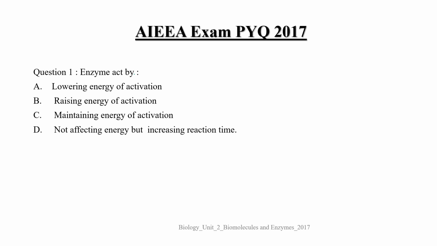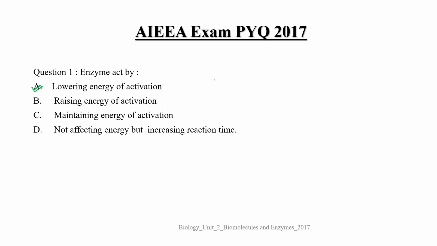Enzymes act by. This is your question. Now, what is the correct option out of these 4 choices? Yes, you are right. The correct option is option number 1, or option A. Enzymes decrease the activation energy, lowering down the activation energy.